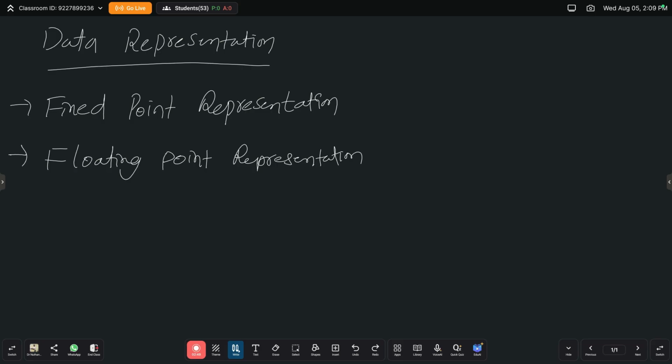Now, if the decimal point is fixed, that representation is called fixed point representation. If the decimal point is floating around the digits, meaning left to right, right to left, it will float. That representation is called floating point representation. This is the basic information about fixed point representation and floating point representation.